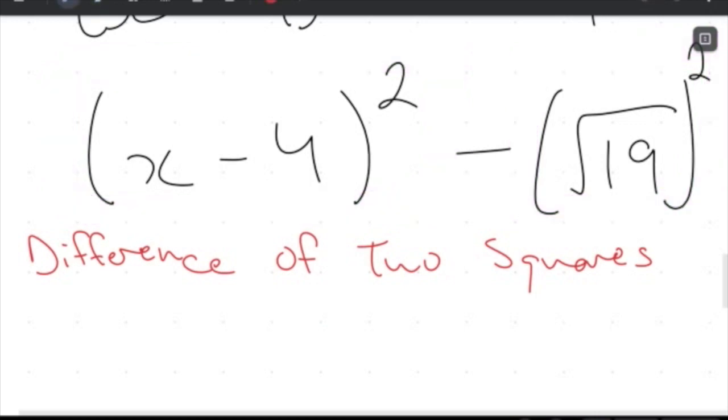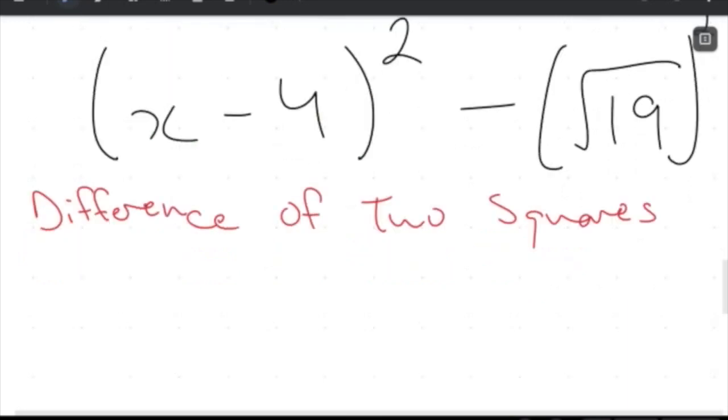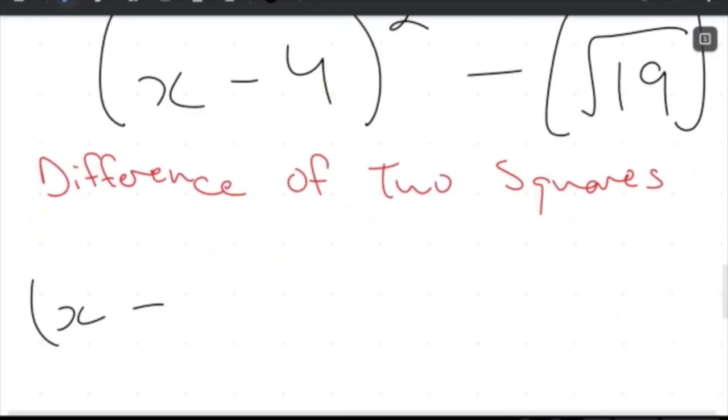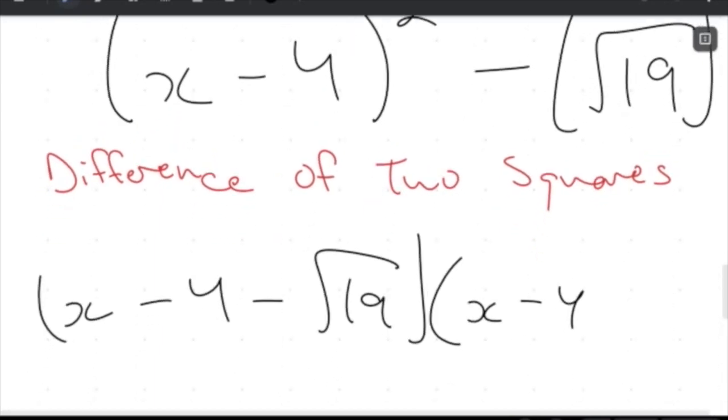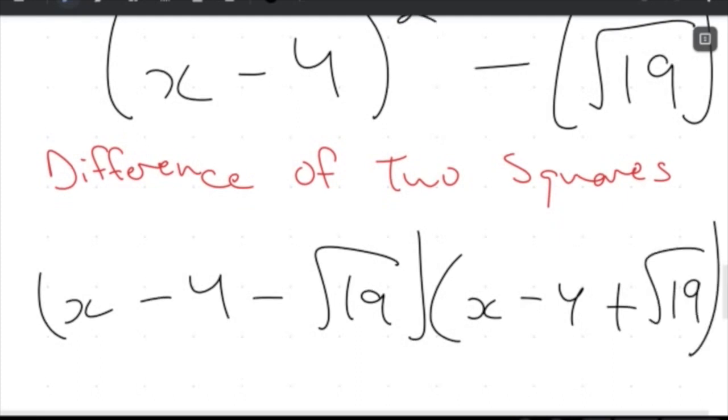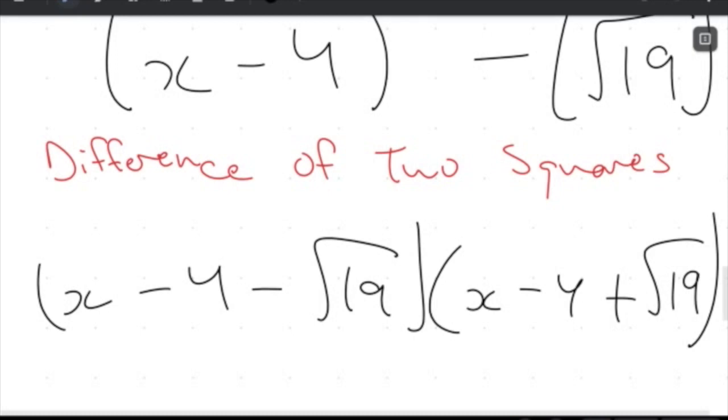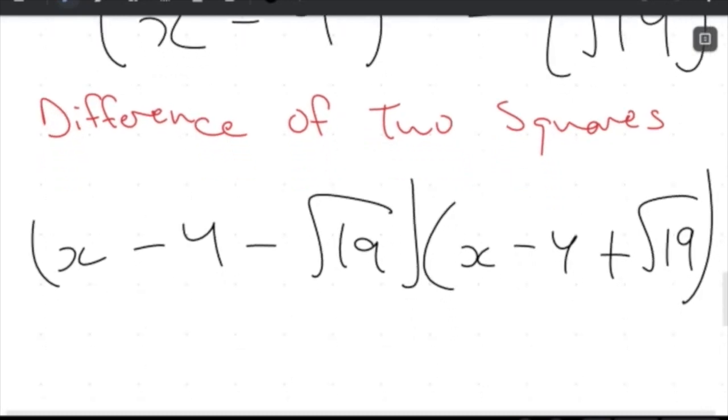So this is like saying x minus 4 minus root 19. And then we have x minus 4, the first term there, and the sign is going to change, plus root 19. So this is now the fully factorized form.